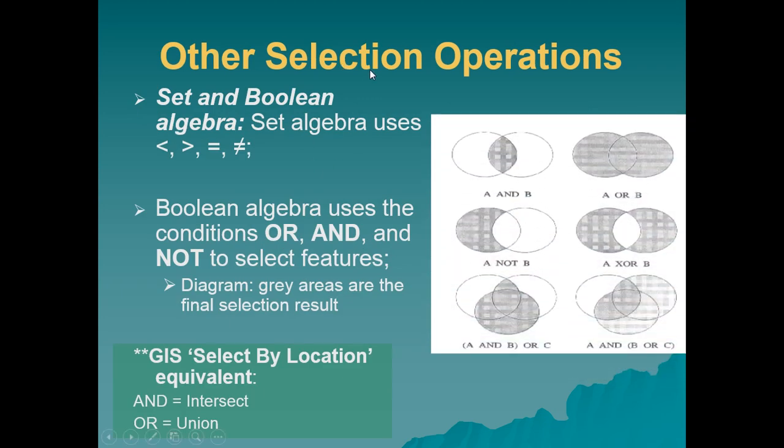Then we have some other selection operations where we have set and Boolean algebra. So these would be some operators that you'd be familiar with, right? For example, you have less than, greater than, equal to, not equal to. And if you recall, you should have seen some of those operators when we were doing our query.